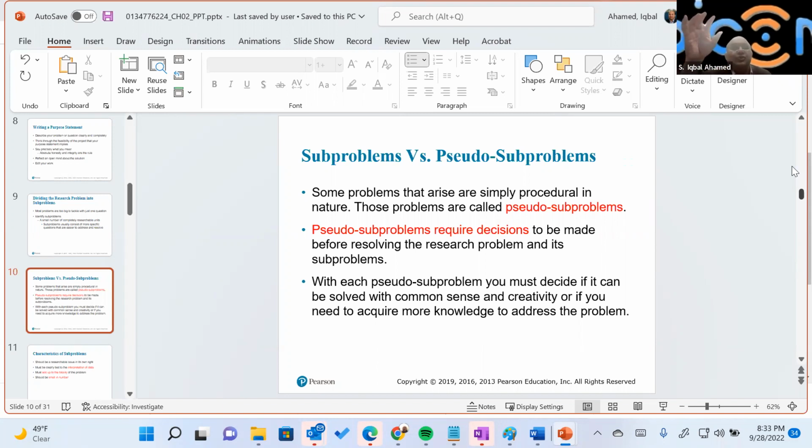Those are pseudo sub problems. Before you even go to your sub problem, pseudo sub problems need to be addressed, and some are addressed with common knowledge, or with some changes, with some creativity.